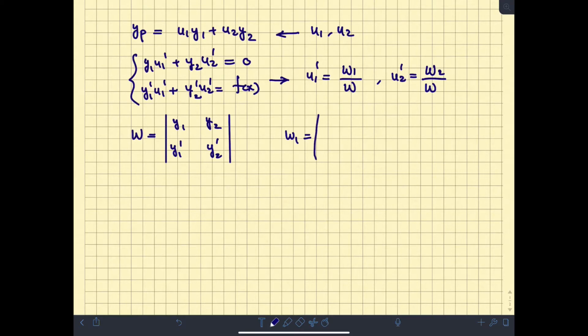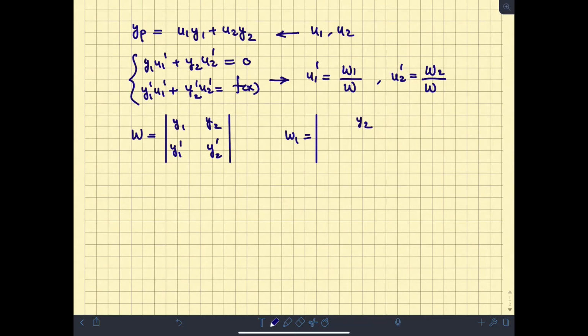w1, very simple to remember it, w1 will be, what you will do is you'll keep your second column for w1. So remember it that way, that if it's w1, you have to keep the second column the way it is for your w. And if it's w2, you have to keep the first column. So it's the opposite of the number. So if you're finding w1, keep your second column intact.